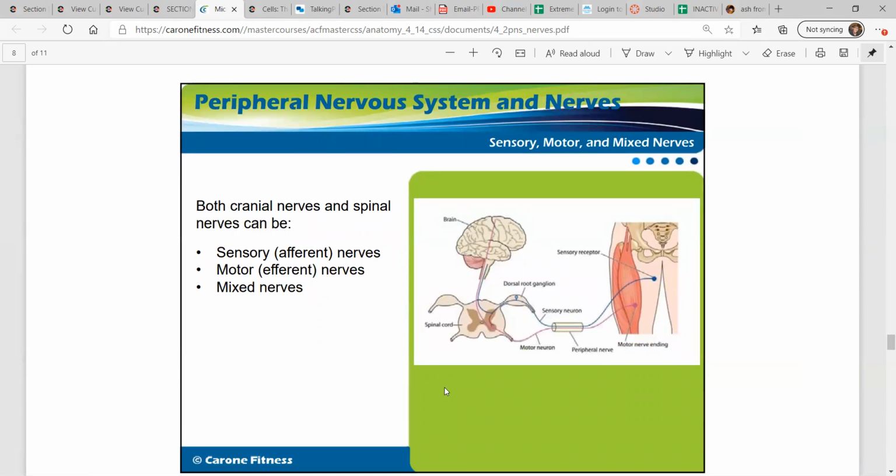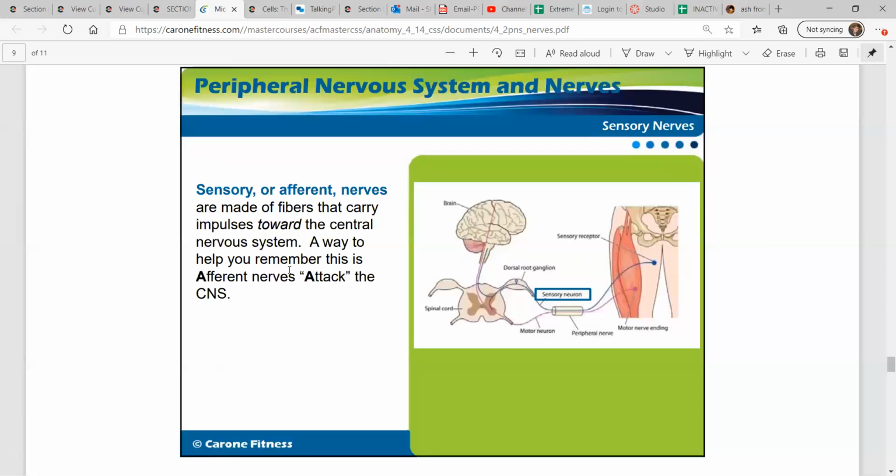And both of these cranial nerves and spinal nerve categories, they can be sensory nerves, motor nerves, or mixed. And another name for these, sensory or afferent, and efferent for motor. Whatever is easier for you to remember them by, go with that.